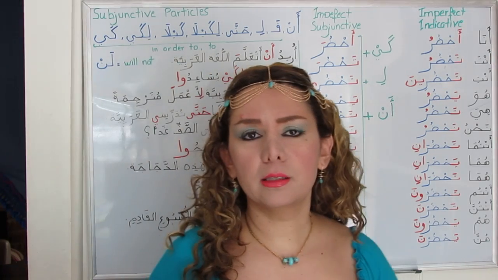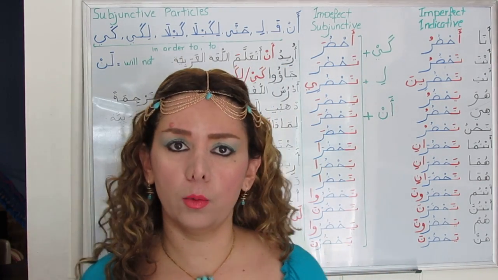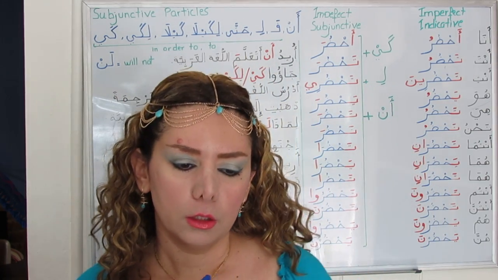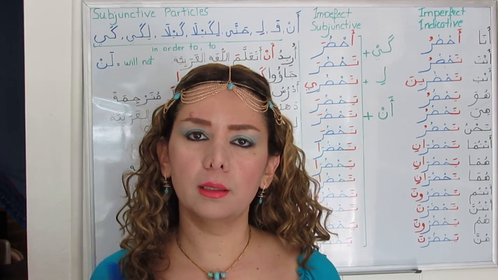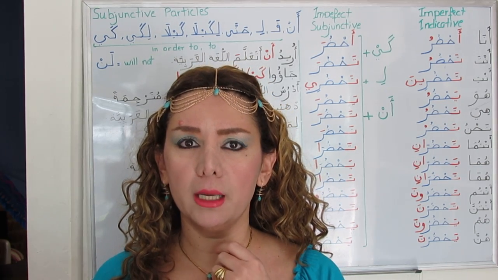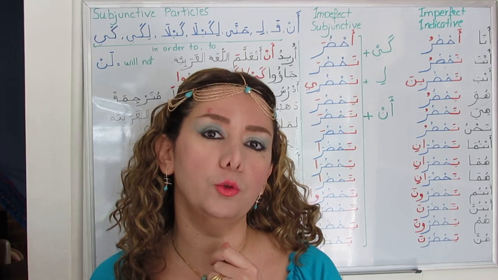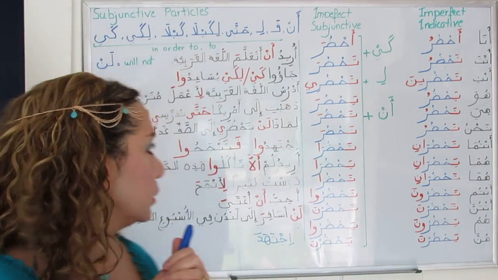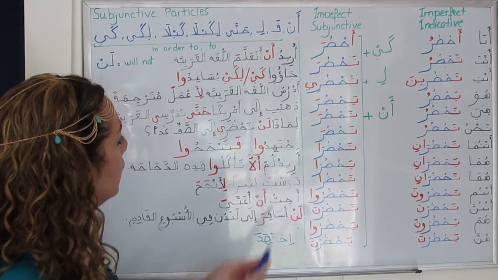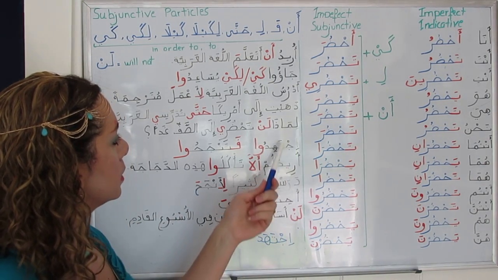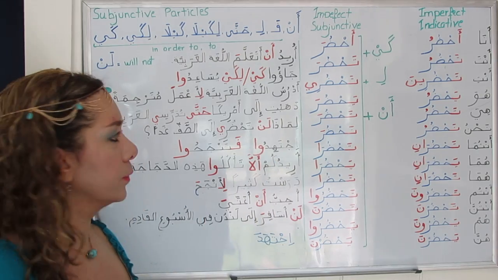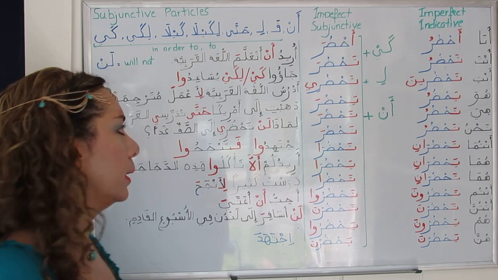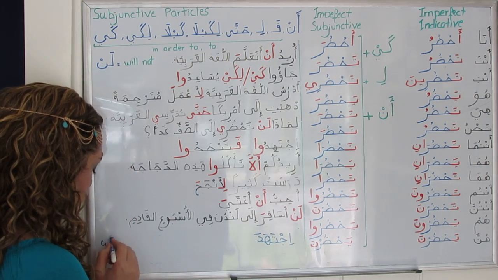So let's negate these subordinate clauses. How? With len. Len means will not. So after the particle len, which is used to negate future without using the future tense, because len will do the job for it. So you may see it in a question preceded by an interrogative word. لماذا? لماذا?